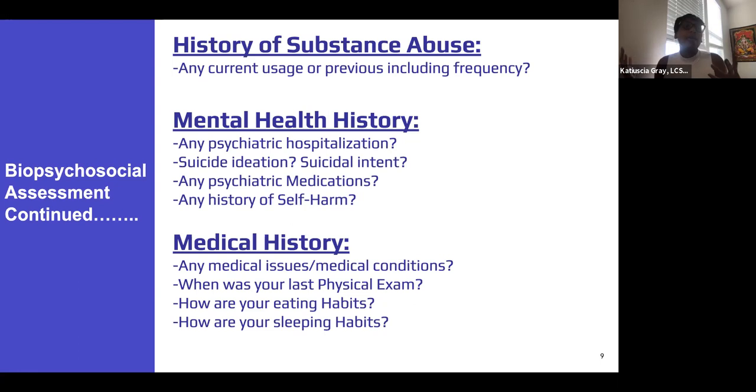When I hear people saying that they smoke marijuana, I want to know how frequently they are smoking. How often are you smoking? Can you tell me how many times out of the week you're smoking? Can you tell me why you're smoking? A little bit of why. Maybe they don't know why. And that is something that we need to lean a little bit more into.